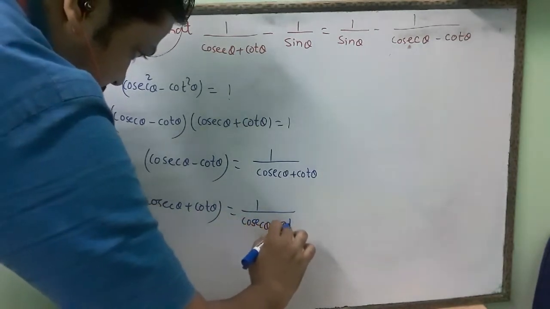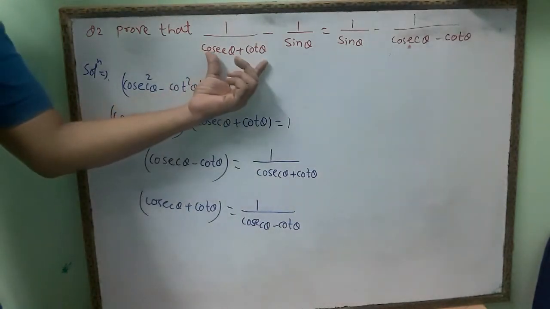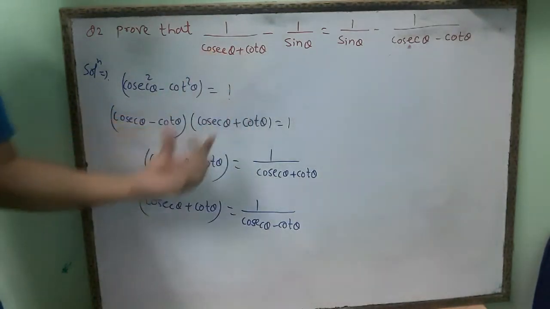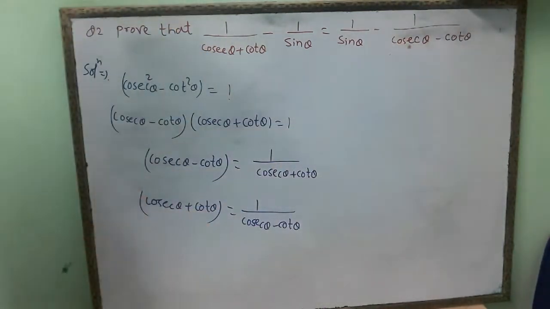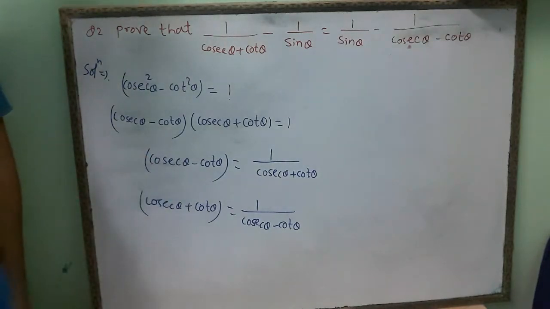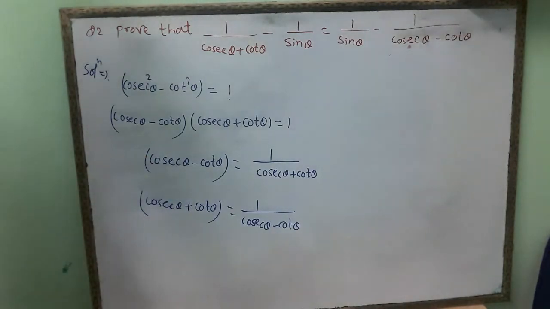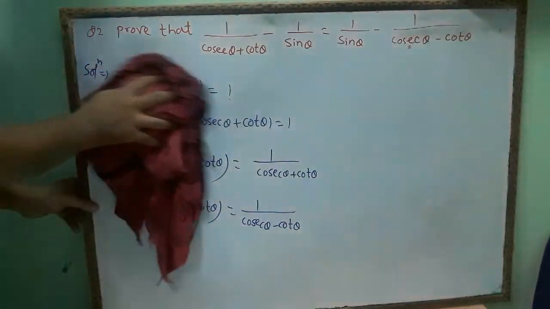No need to go through the rationalization process, just write. Just keep this concept in mind: if product of 2 is 1, then 1 will be the reciprocal of the other. So see this one.